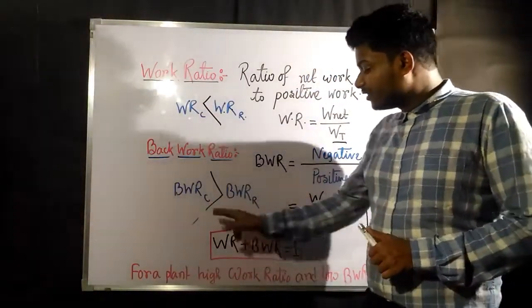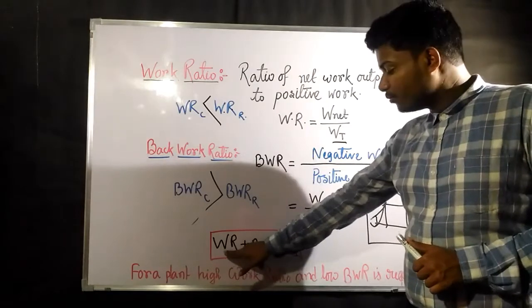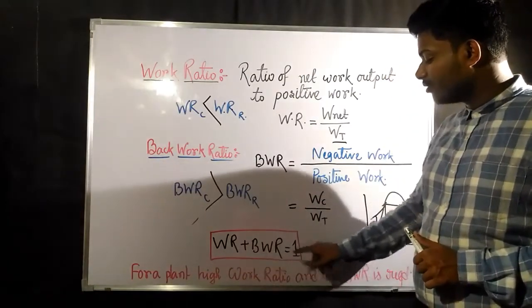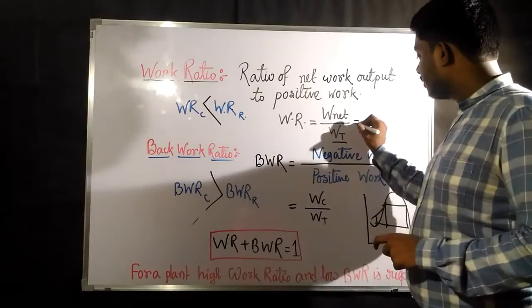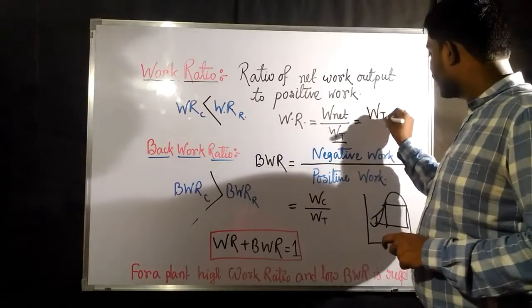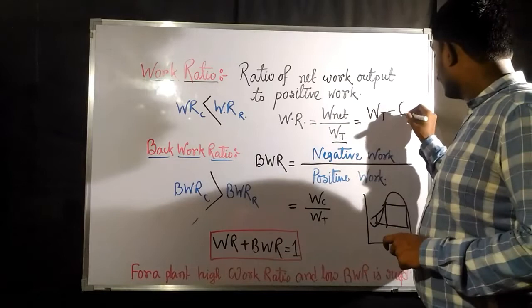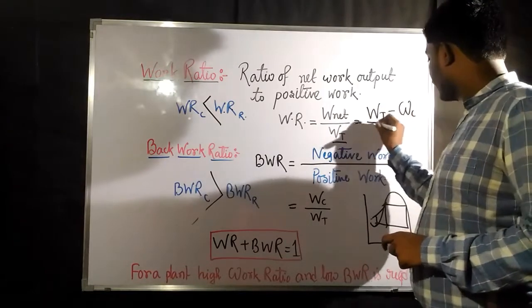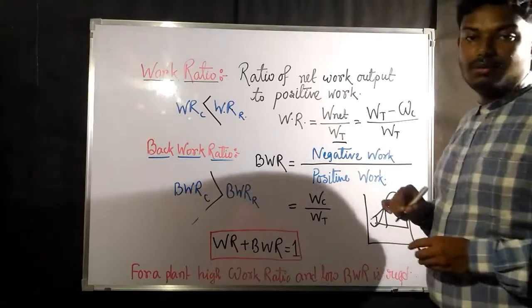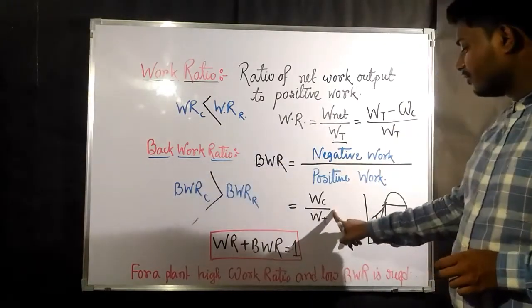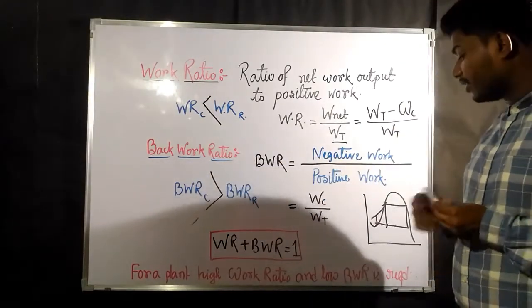Another thing: if you add up the work ratio and the back work ratio, you are going to get the result one. The work ratio is nothing but W net, that is, work done by the turbine minus work consumed by the compressor, divided by work done by the turbine. The back work ratio is work done by the compressor divided by work done by the turbine.